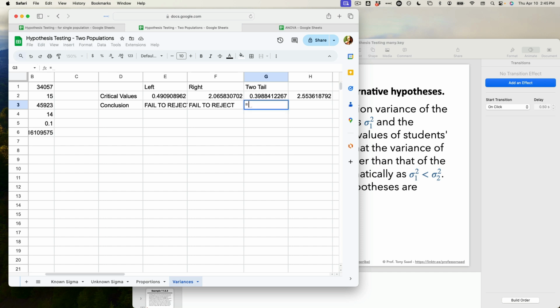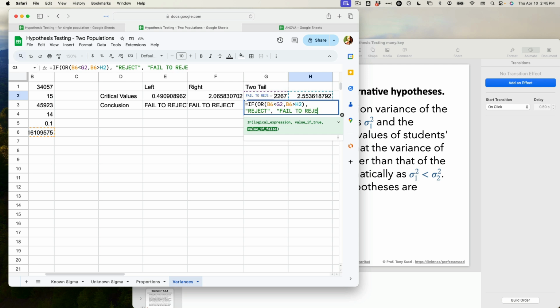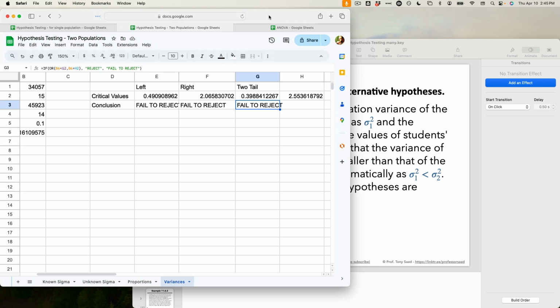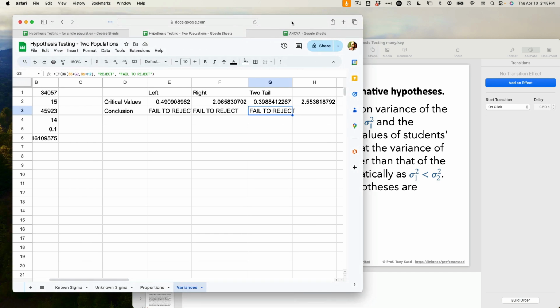So we would do: if my sample statistic is less than the left value, or if my sample statistic is greater than the right tail value, then I'm going to reject. Otherwise, I'm going to fail to reject. In this case, this doesn't apply, but it would if the student's claim is that the variances are different. Okay, so we fail to reject the null hypothesis in this case.